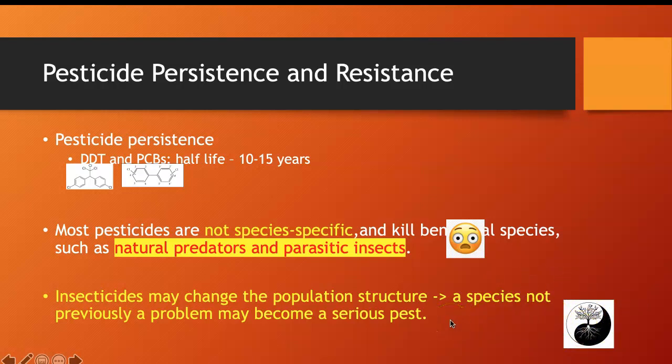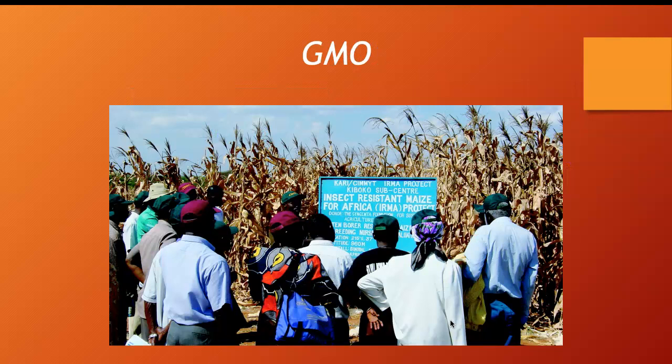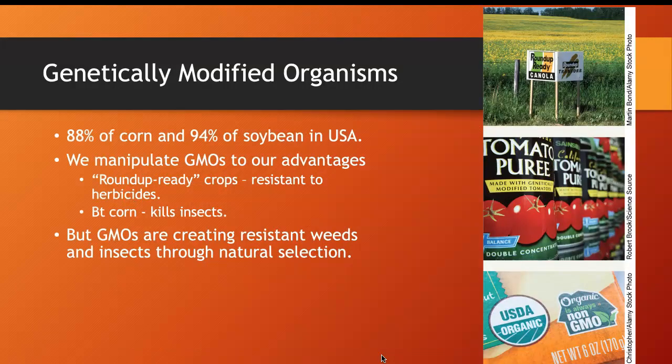We had a lab before. About 10 years ago, genetically modified organisms were really popular. We had scientific magazines discussing how fabulous they are and their characteristics. Usually we are building those super crops for our benefit, like insect resistant, not impacted by the chemicals, and having much higher yields, etc. The majority of the corn and soybean in the United States is GMO.